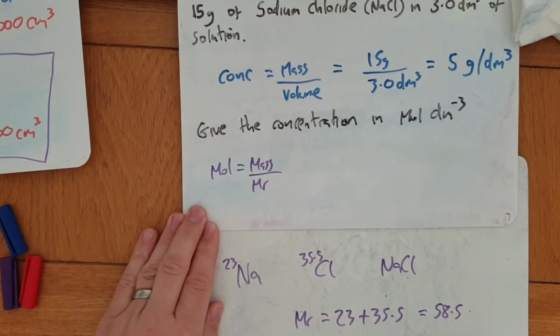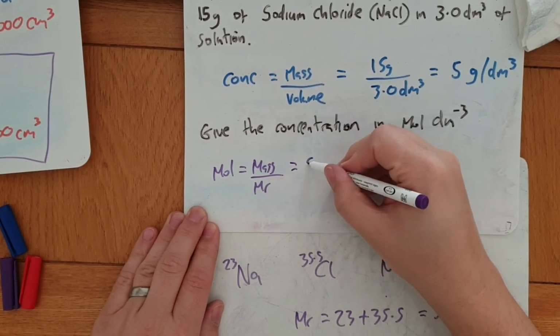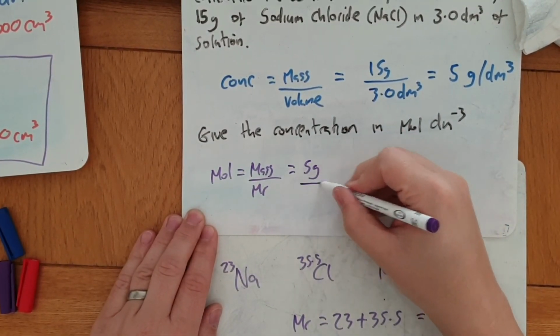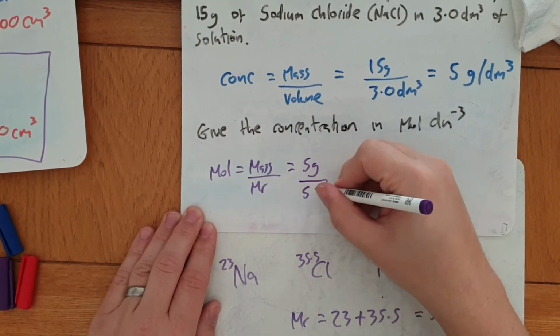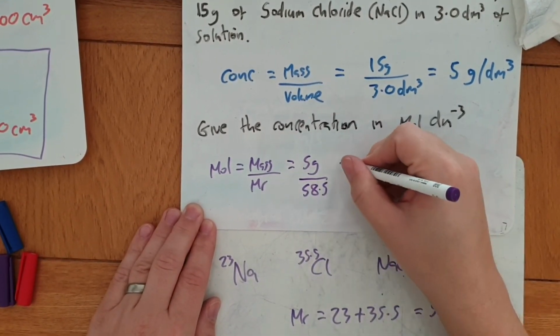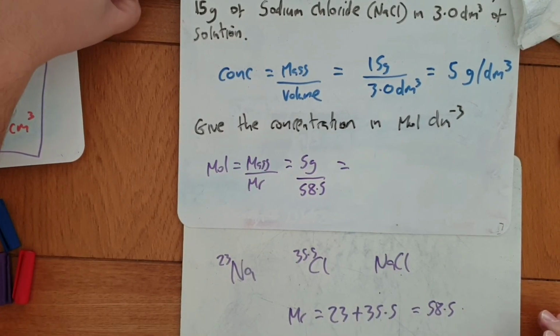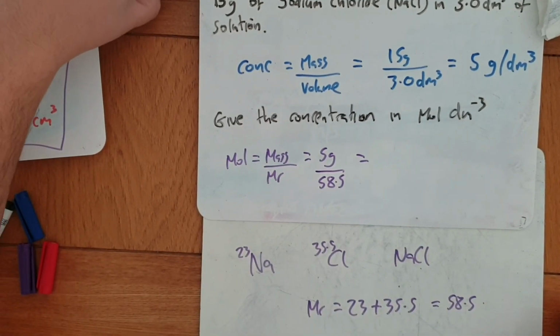So we can go back to our question. We know the mass was 5 grams because we've just worked it out. We know the MR is 58.5, and you're allowed to use your calculator for this. Again, I haven't got access to a calculator, so I need to go to where I worked out the answer earlier on.